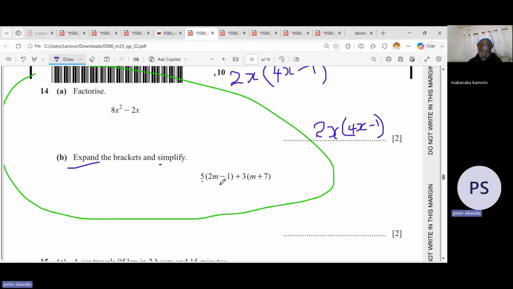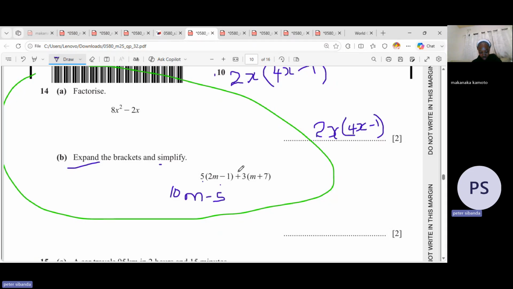Like 5 times 2m gives us what? 10m. We write it, minus. Then 5 times minus 1, minus 5. This first bracket is done. Plus 3 times m. I'm also using the plus 3. In this case, if you had forgotten the sign and just said 3 times 3, you can be right.